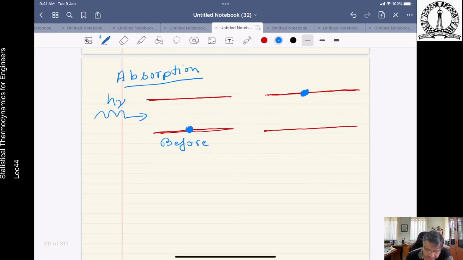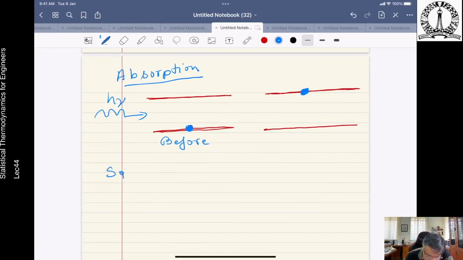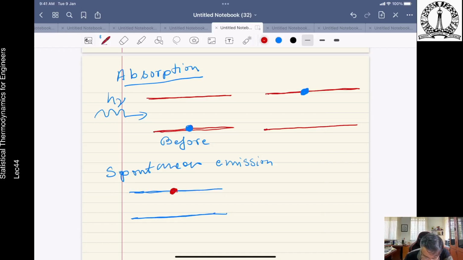Then of course there is something called spontaneous emission. In this case, what will happen?